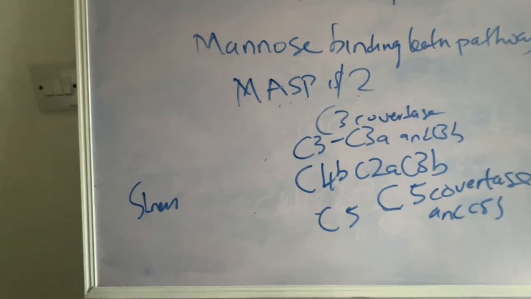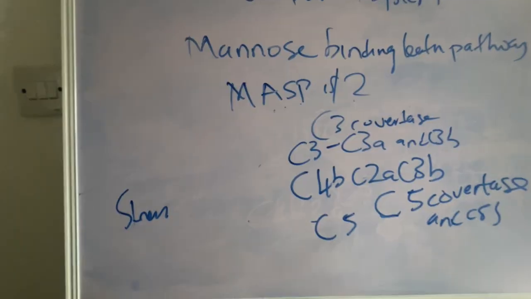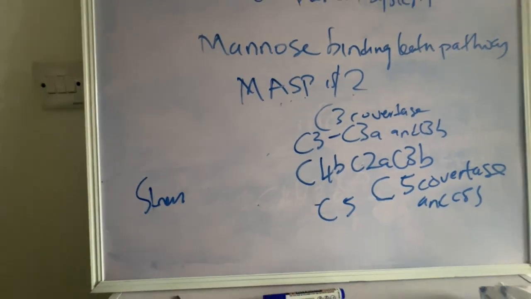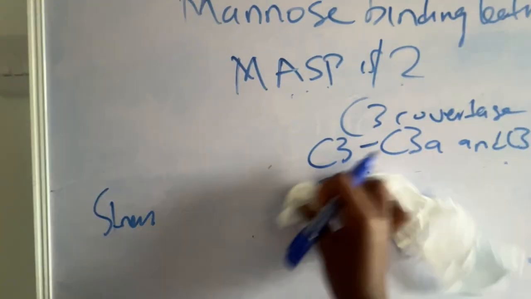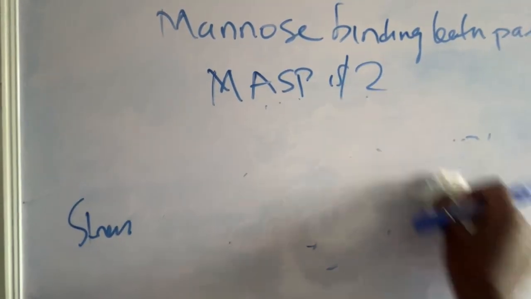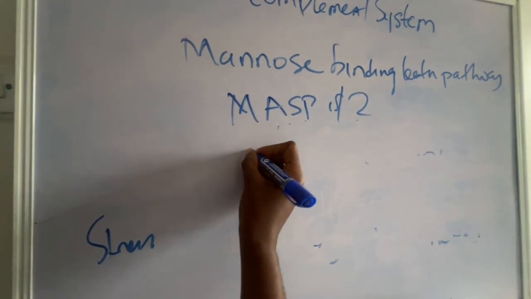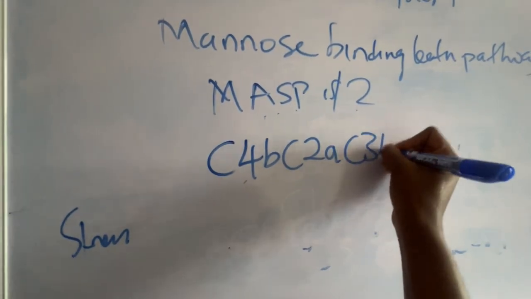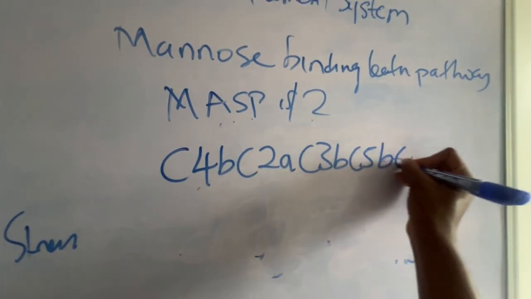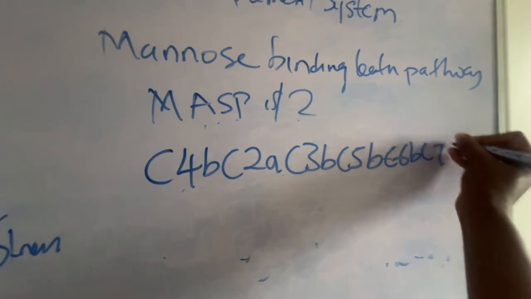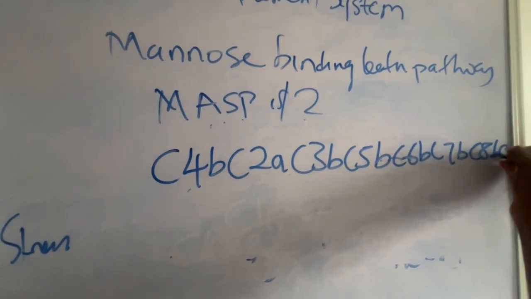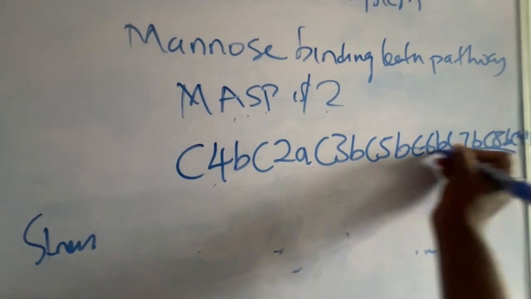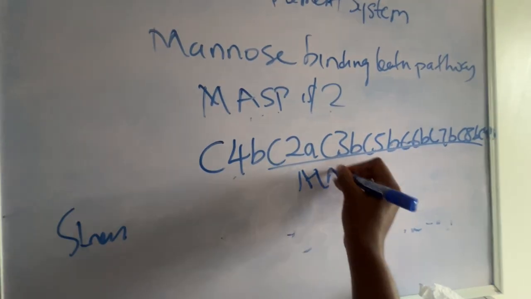So from there it goes C5, C6, C7, C8, C9 up to the formation of the membrane attack complex. So for the Mannose-Binding Lectin pathway, the final thing you should have is the C4b, the C2a, the C3b, C5b, C6b, C7b, C8b, and C9b. This is called the membrane attack complex.